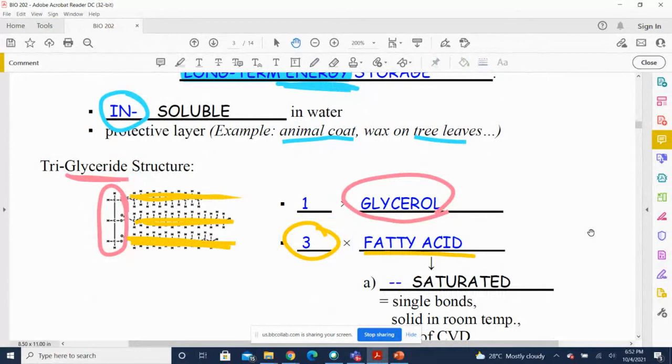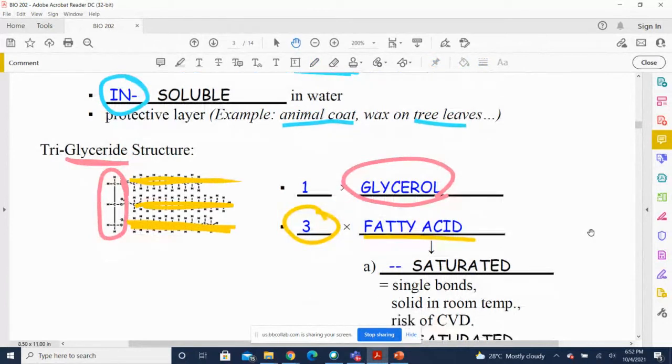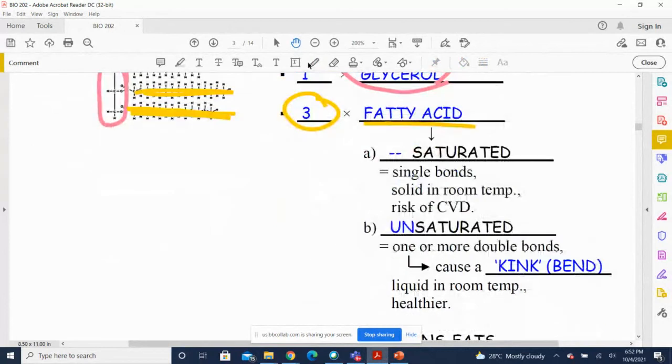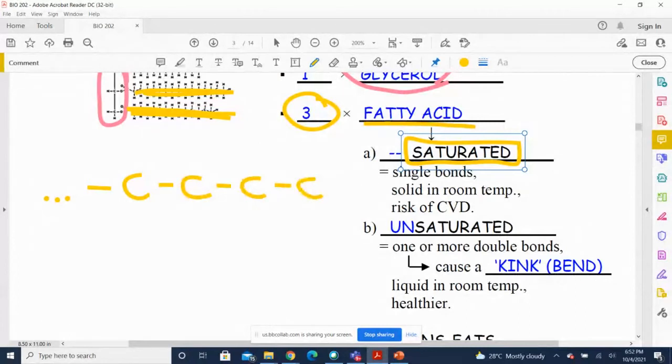What we can have is that not all fatty acids are the same, so I want to discuss that just briefly as a reminder. The first type that we're going to look at is our saturated fatty acids. In saturated fatty acids, we have single bonds between carbon atoms. So these carbons are connected to each other with just single bonds.